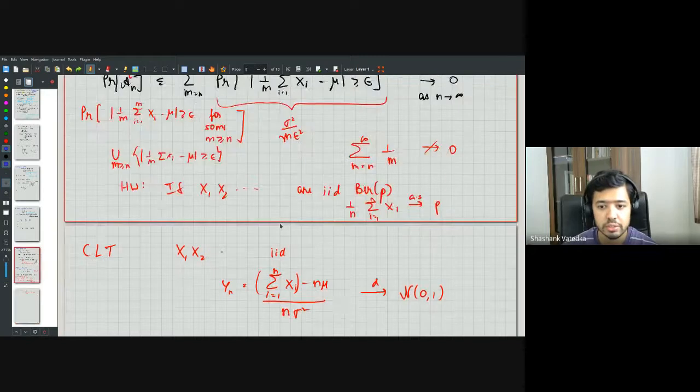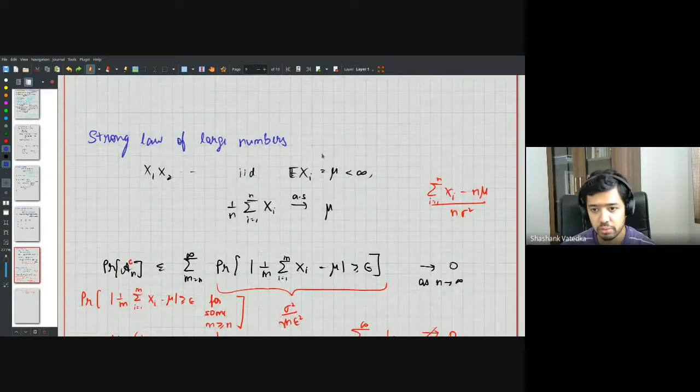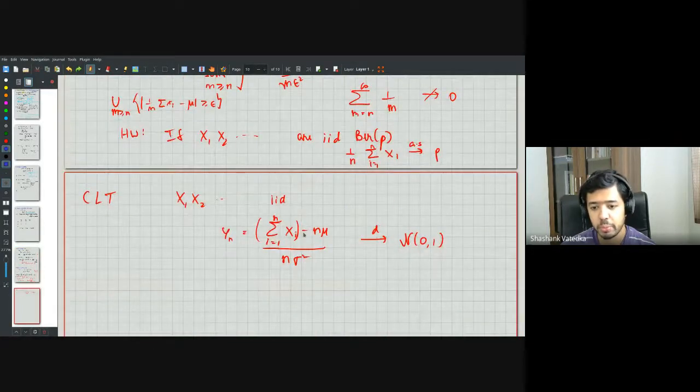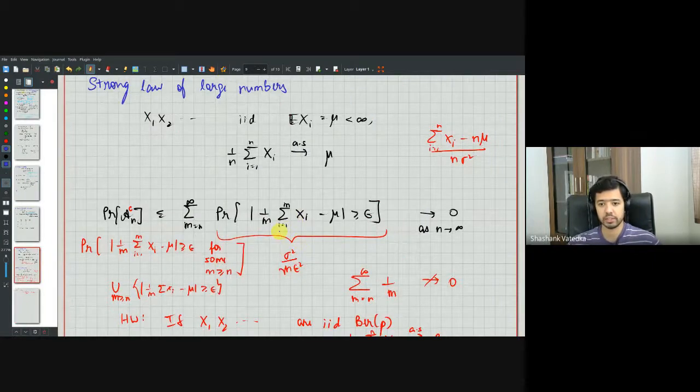Because if you take just summation over all i xi divided by n, then this converges to mu, right? But then if you appropriately subtract the mean and divide it by n sigma square, then, sorry, this should be square root n sigma square. So if you normalize it appropriately, note that here the normalization is with respect to root n, unlike this case where the normalization is with respect to n.